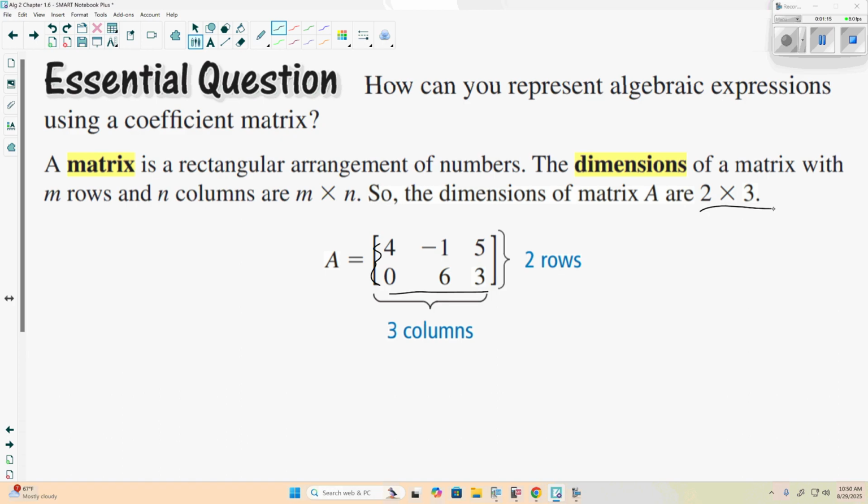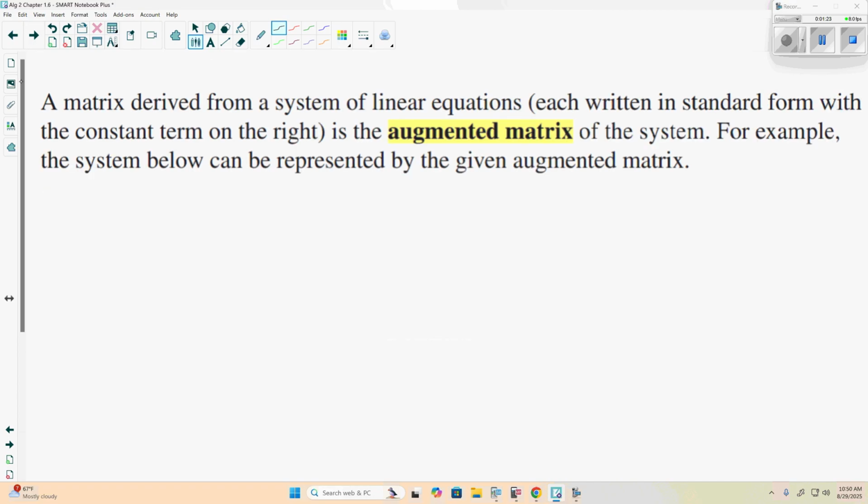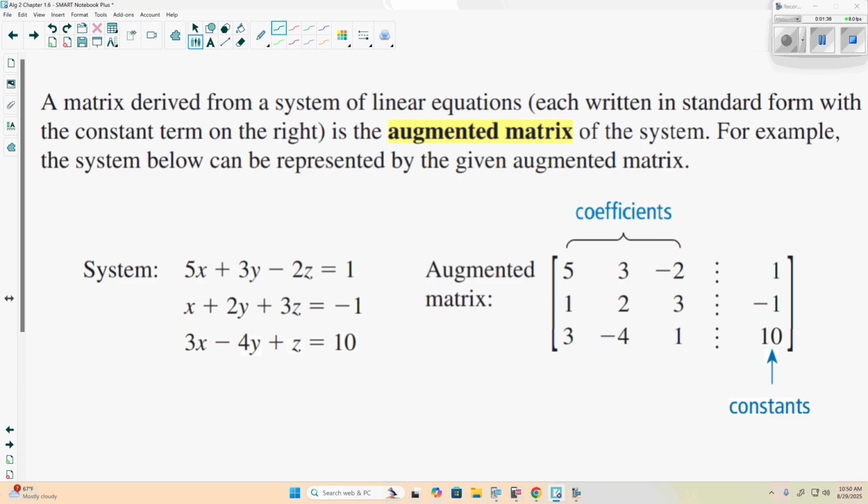Questions on this here? Each of these numbers is an element of the matrix. A matrix derived from a system of linear equations, each written in standard form with the constant terms on the right, is an augmented matrix. For example, the system below can be represented by the given augmented matrix.